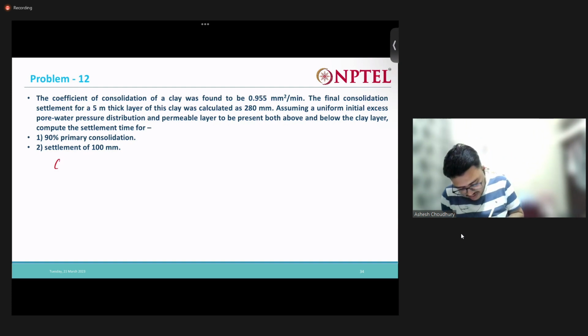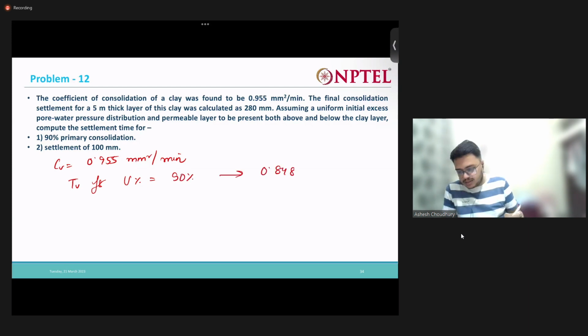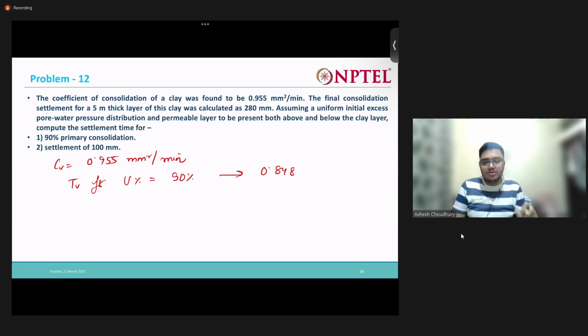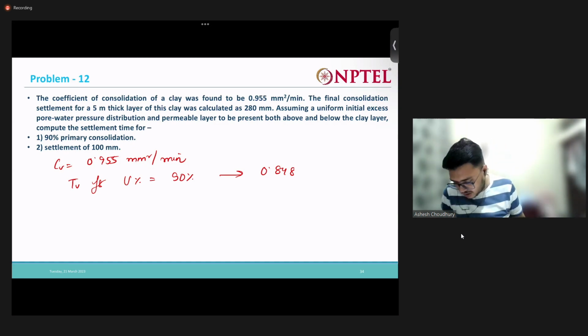Cv is given to us as 0.955 mm square per minute. Now Tv for U percent equal to 90% is 0.848. If we use the relation and put U equal to 90%, you will get 0.848.